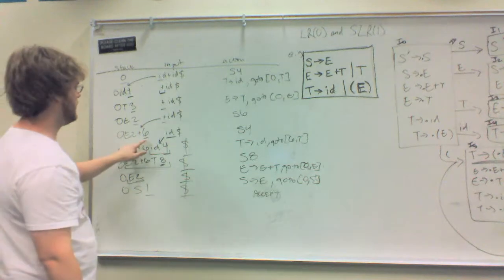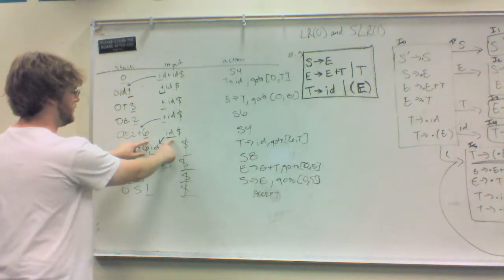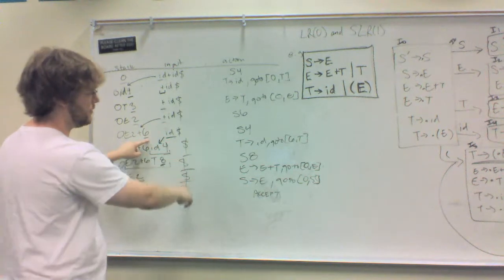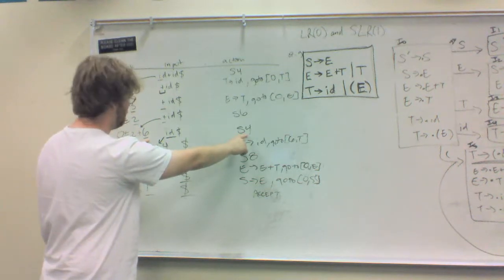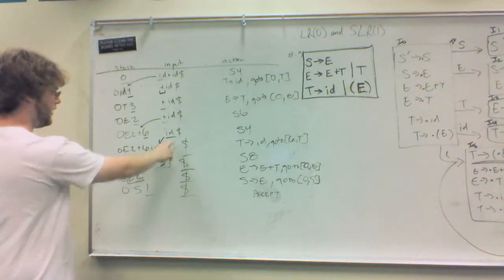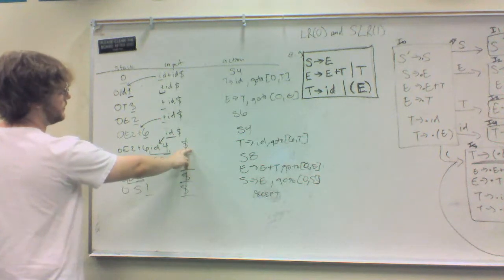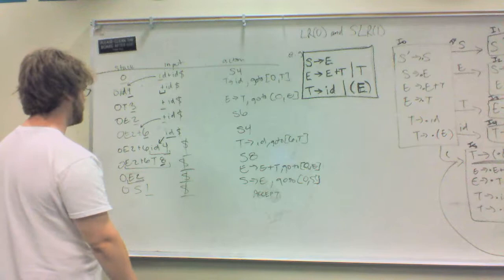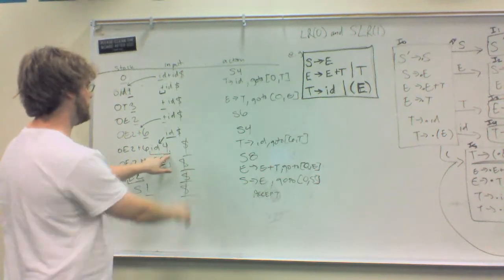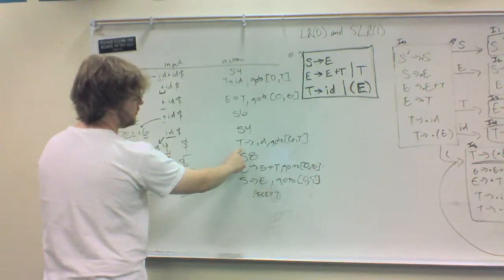So now we're looking at state 6 and ID. The action table shows shift to state 4. Shifting ID over and adding state 4 onto the stack. Now we only have the $ sign on our input. Looking at state 4 and $, we can see another rule, T goes to ID.